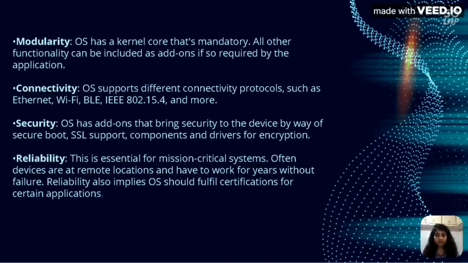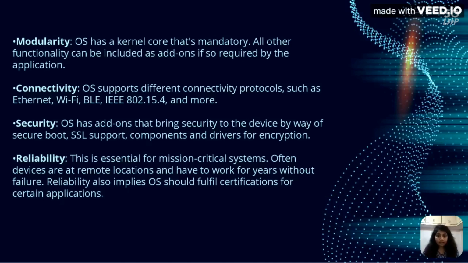Next comes connectivity. The operating system connects with different protocols and must support all those protocols which have been connected, for example Ethernet, Wi-Fi, BLE. Next is security. The OS has add-ons that bring connectivity and also security to the devices by way of secure boot, SSL support, and more.